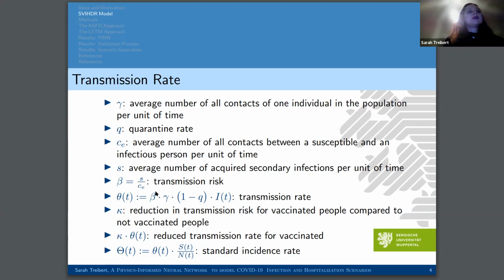And the time dependence of the contact and quarantine rate especially depends on intervention measures. Then we have got kappa, which is the reduction in transmission risk for vaccinated people compared to not vaccinated people. And we get one so-called transmission rate for the infected compartment and one, meaning kappa times theta, for the vaccinated compartment.